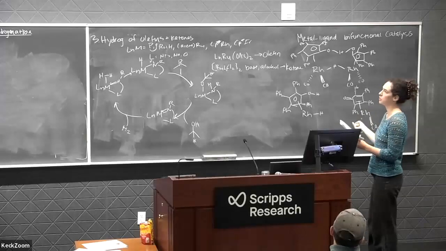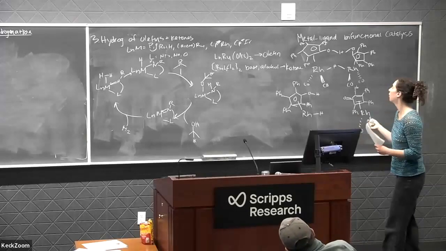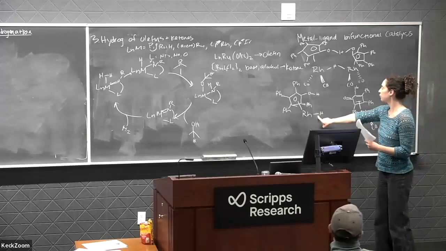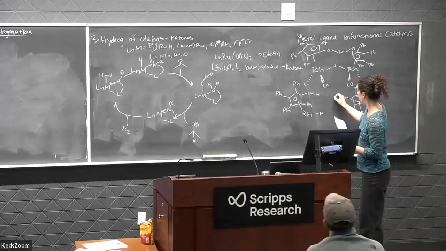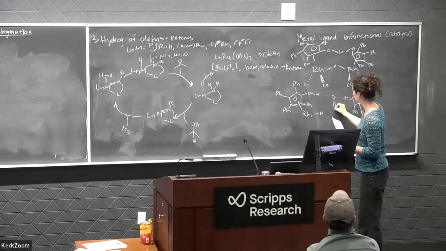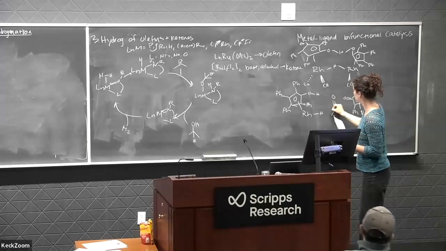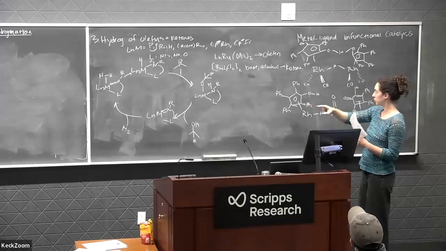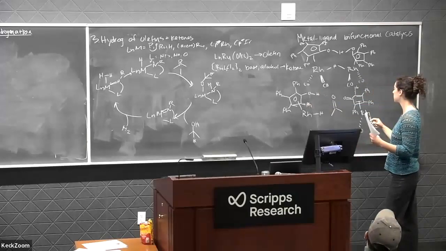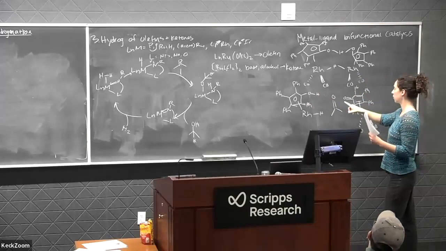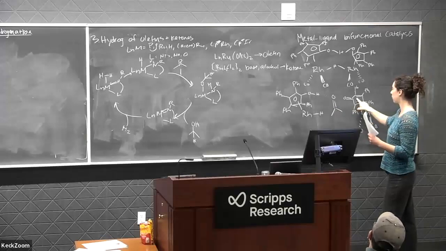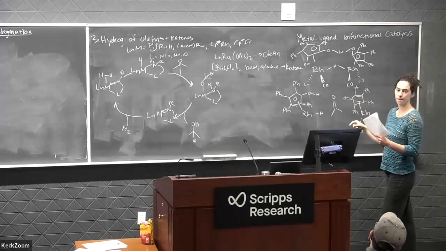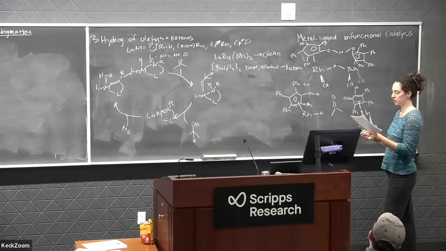And so this has been used in DKR. So this side can reduce a ketone or similar through a similar pathway as shown here. And on the other hand, the opposite partner can do the oxidation. So they can interchange between each other.